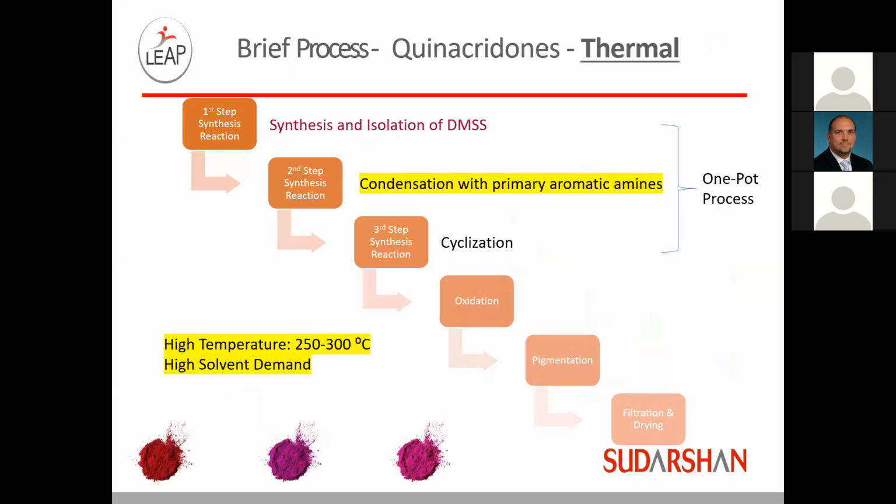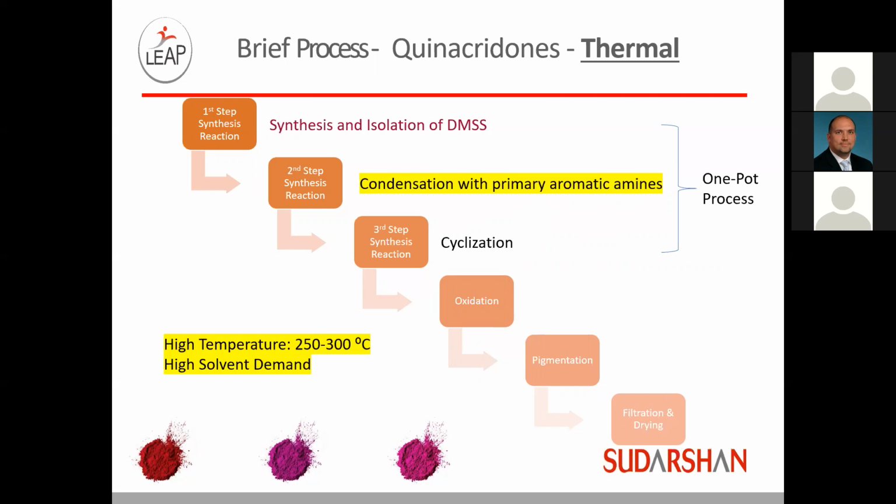So a brief look at how the two different processes are done. Both of them are done in a one-pot process, if you will, for the three main synthesis steps. As I mentioned, the first step in the synthesis is to synthesize and isolate the DMSS.